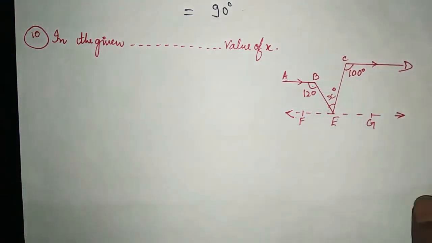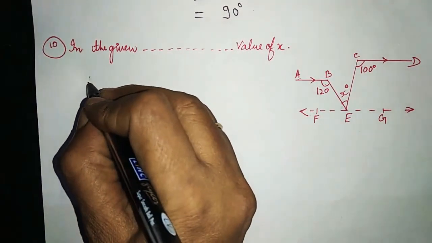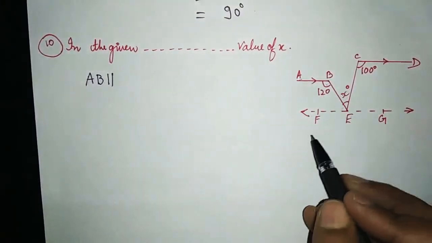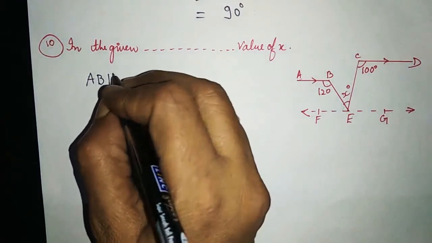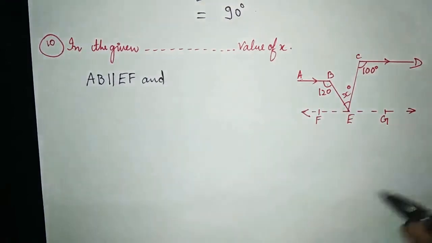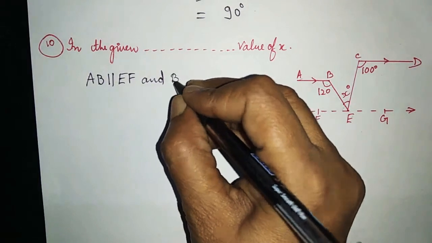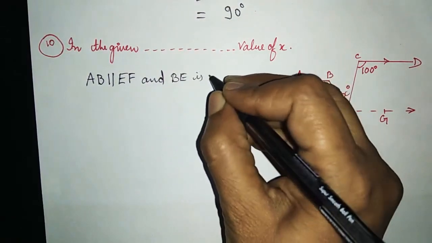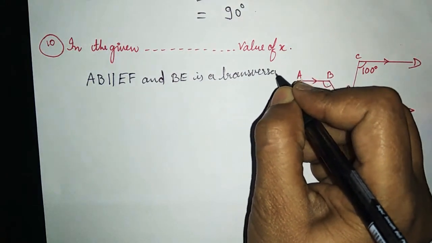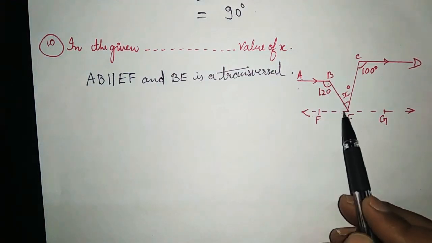Here you can see that AB is parallel to EF, and BE is a transversal line. BE is a transversal.